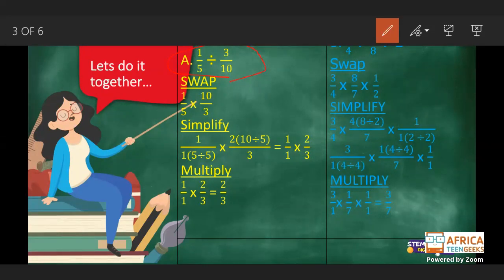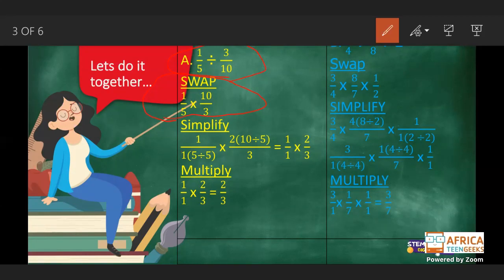Then you insert your multiplication sign. So the new fractions will be 1 over 5 multiplied by 10 over 3. That's your new fractions that you will work on.